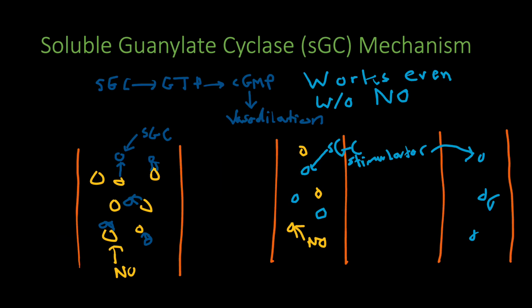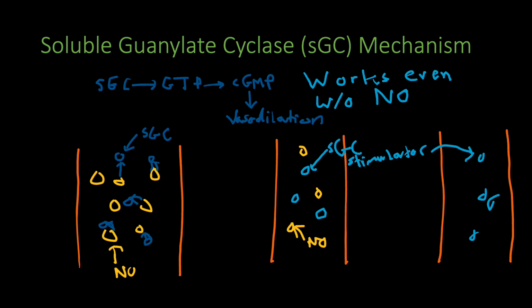And then this one is another one, the soluble guanylate cyclase mechanism. I talked about it very briefly, but you can see on the very left side here, the first one, you can see nitric oxide. You can see so many in the smooth muscle, and then you see the little blue circles here, representing the soluble guanylate cyclase signaling molecules.